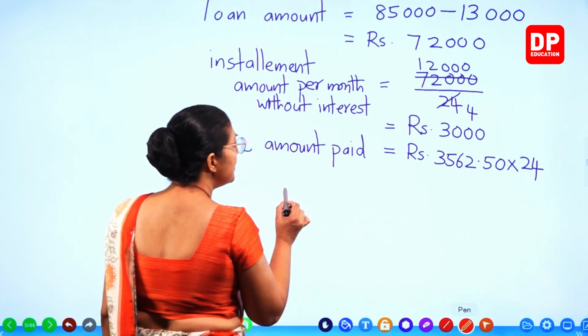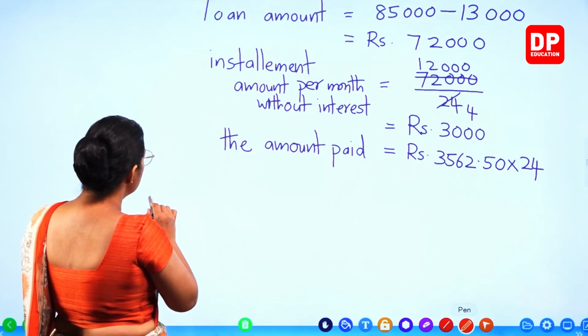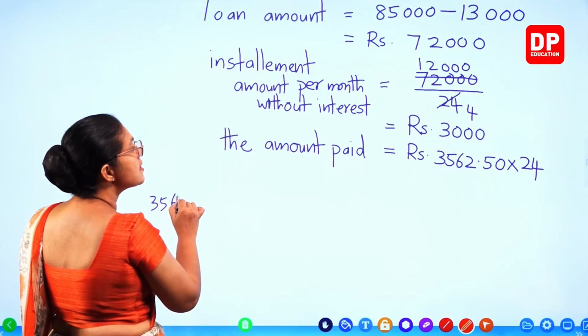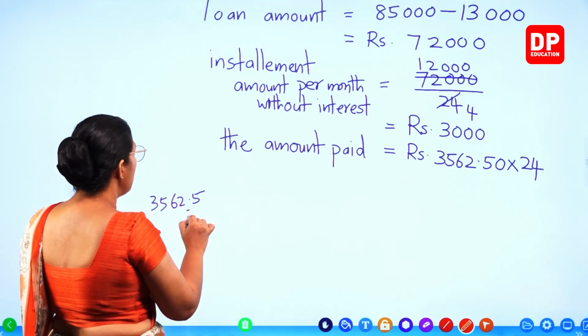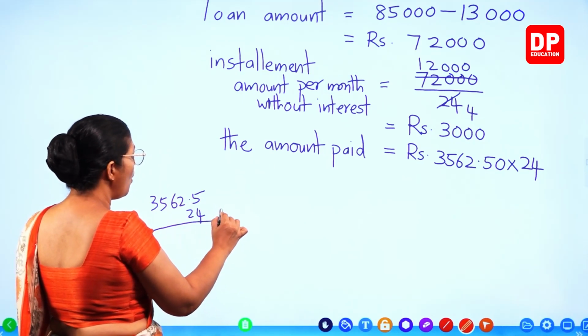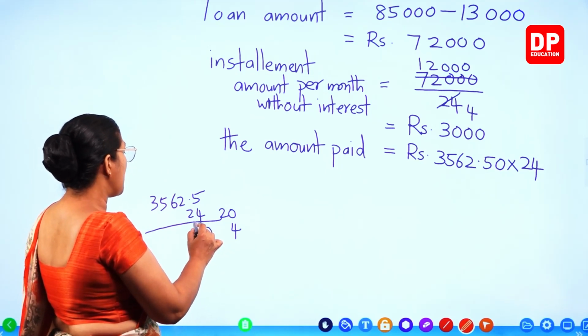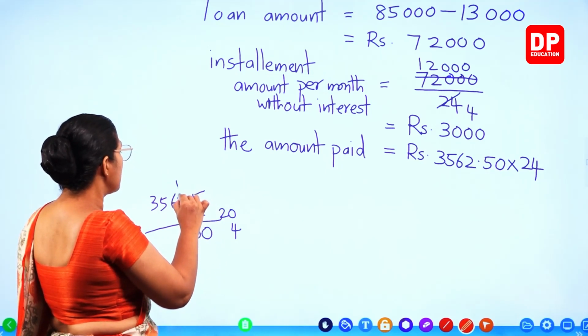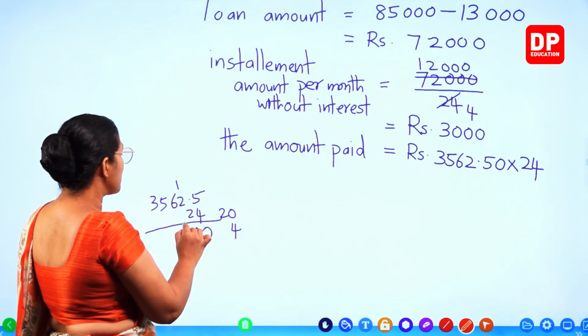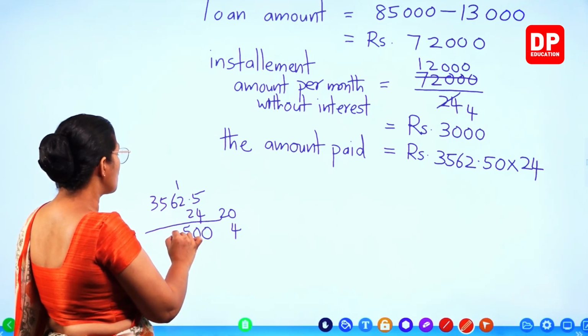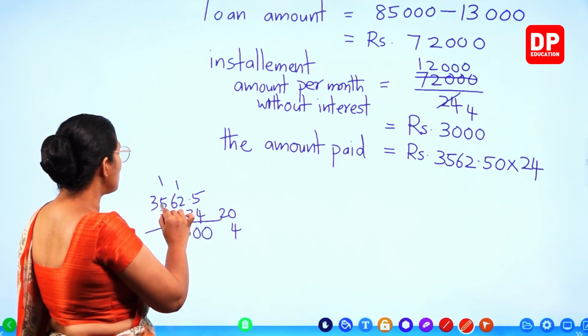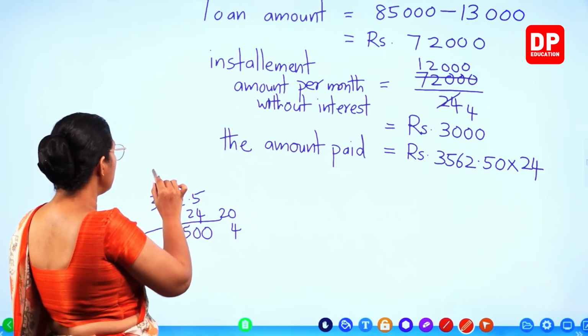Multiply 3,562.5 by 24. You multiply by 4 and 20. Multiply by 2: 2 times 2, 4 plus 1, 5. 2 times 6, 12, 1 remaining. 2 times 5, 10 plus 1, 11, 1 remaining.